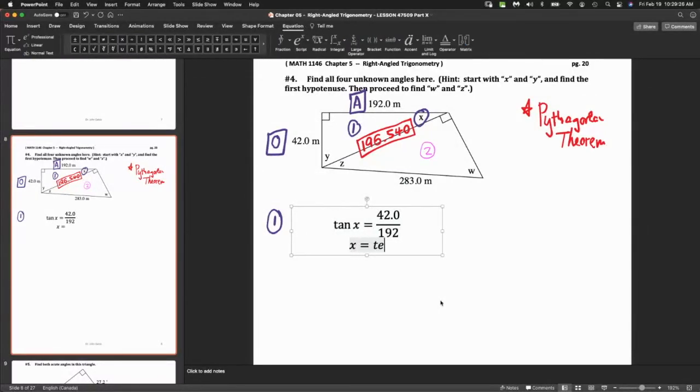So to move over tan, we would write tan inverse. And we already have an answer there, so that's good. Okay, I'm going to go with 2 decimals.